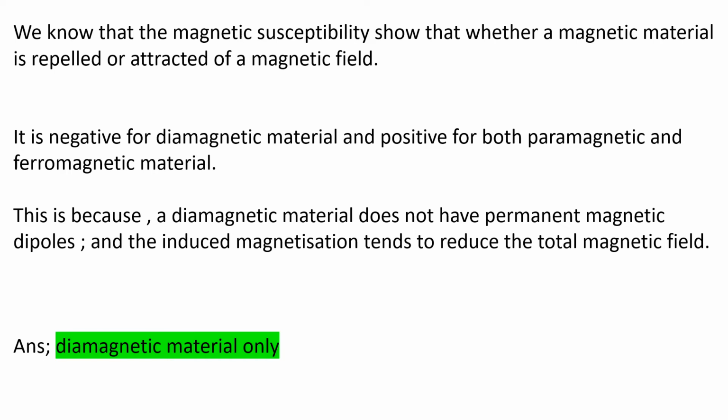It is negative for diamagnetic material and positive for both paramagnetic and ferromagnetic material. This is because a diamagnetic material does not have permanent magnetic dipoles and the induced magnetization tends to reduce the total magnetic field. So the answer will be diamagnetic material only.